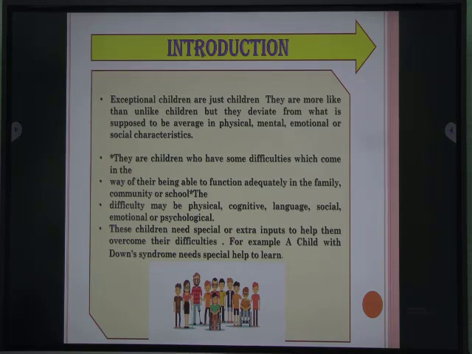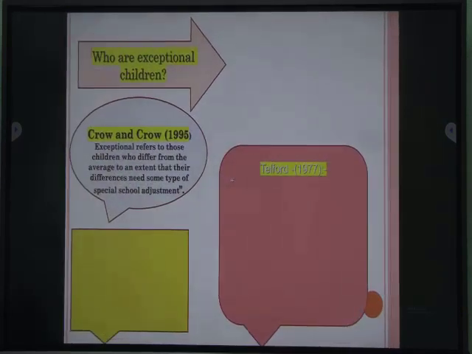They are children who have some difficulties which come in the way of their being able to function adequately in the family, community, or the school. This difficulty may be physical, cognitive, language, social, emotional, or psychological. These children need special inputs to help them overcome their difficulties.